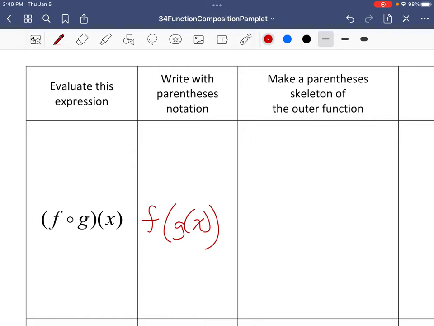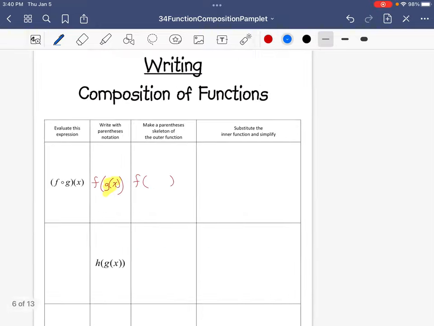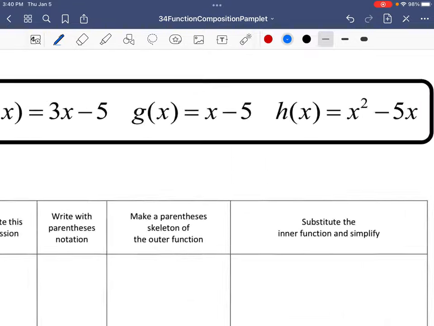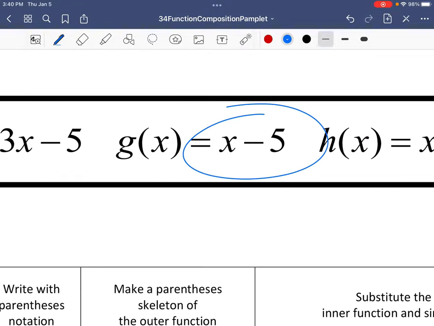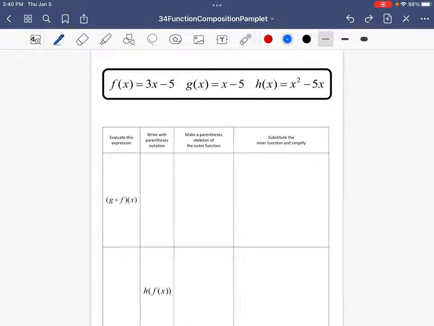But perhaps that might help you to realize that the g of x that's on the inside, well, that actually equals something. According to the other page over here, it equals x minus 5.